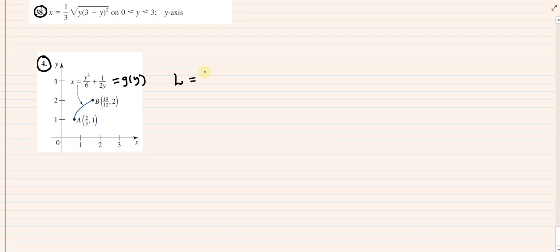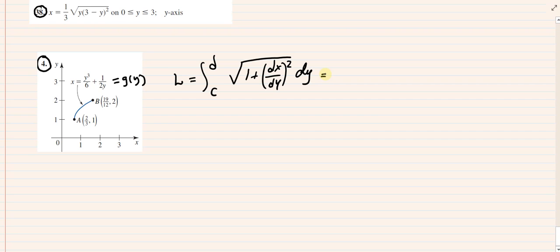It is going to be the integral from c to d, because I'm given a function of y. So it's going to be the integral from c to d of the square root of 1 plus (dx/dy) squared dy, right?